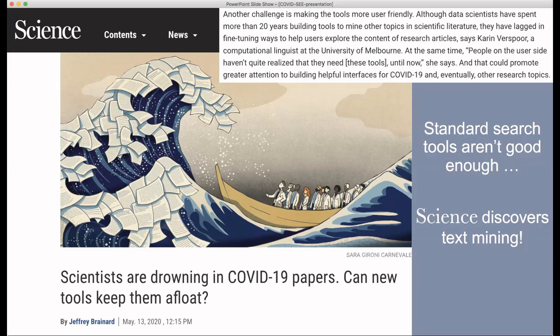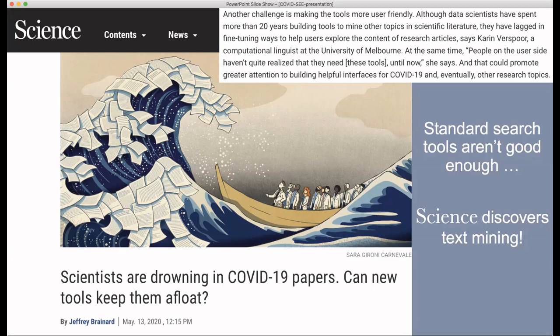But we haven't had nearly as much emphasis on the tools that users can use. And most medical researchers or biomedical researchers really rely on the search interface in either Google Scholar or in PubMed directly. And those tools are quite specific and limiting in various ways.